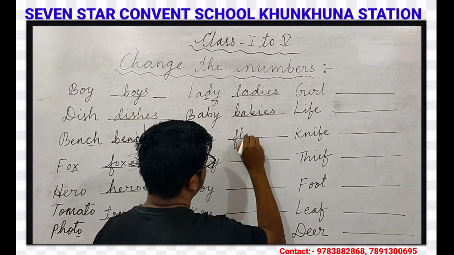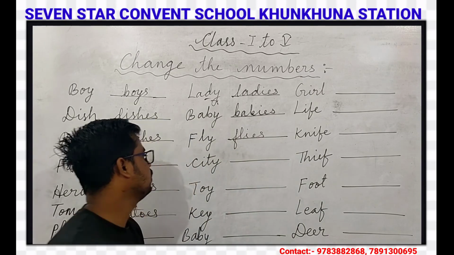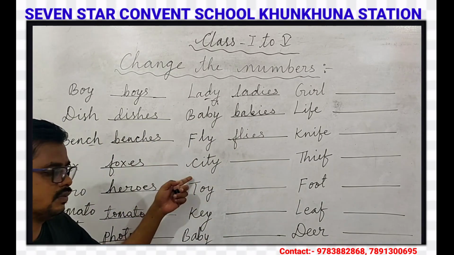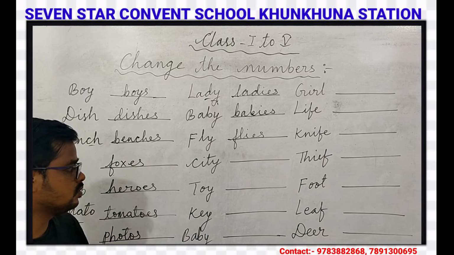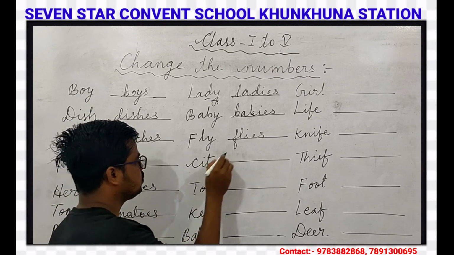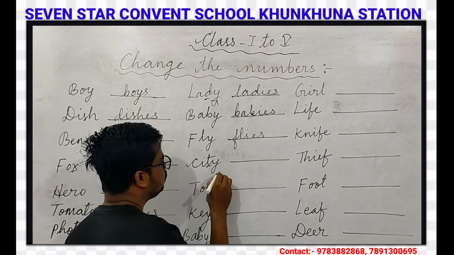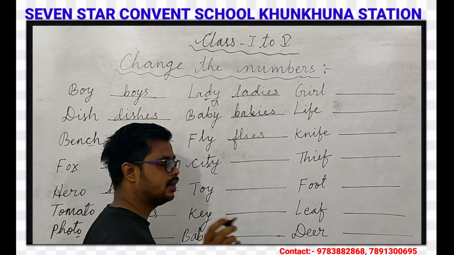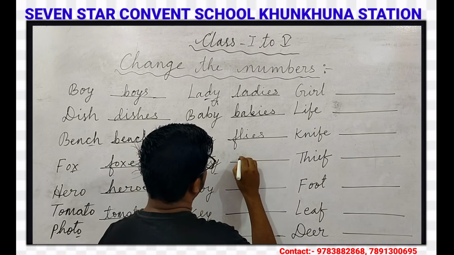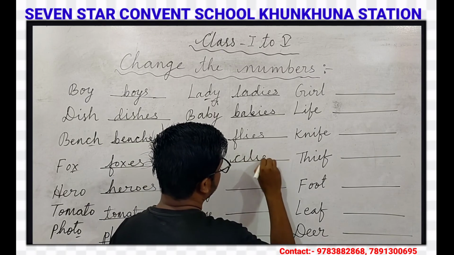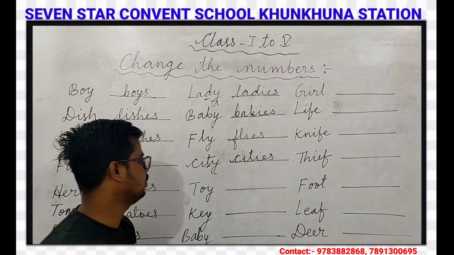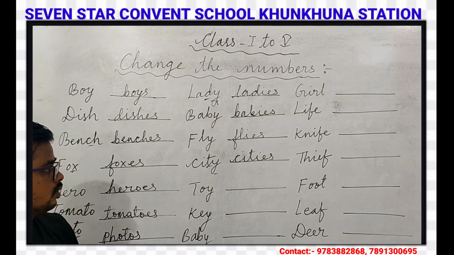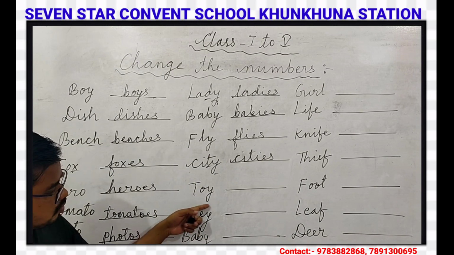Fly will become flies. Our next question, city. Its last letter is also y, and before y there is a consonant, so we replace the y with i and then add es to make it plural. City will become cities.